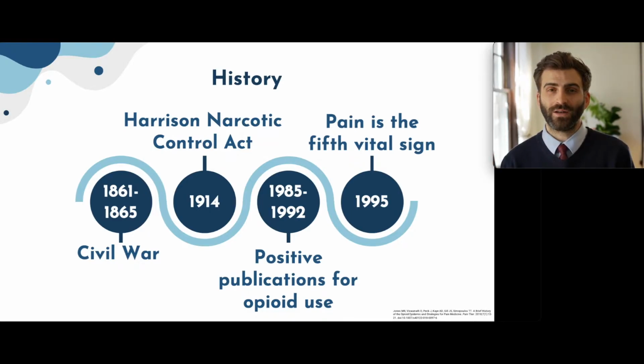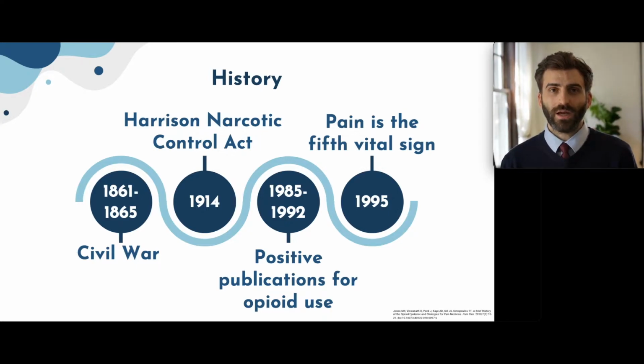So abuse began to become a problem, so much so that the government intervened. With the Harrison Narcotic Control Act, one of the components was that opioids were no longer available over the counter and had to be prescribed by a doctor or a prescriber.